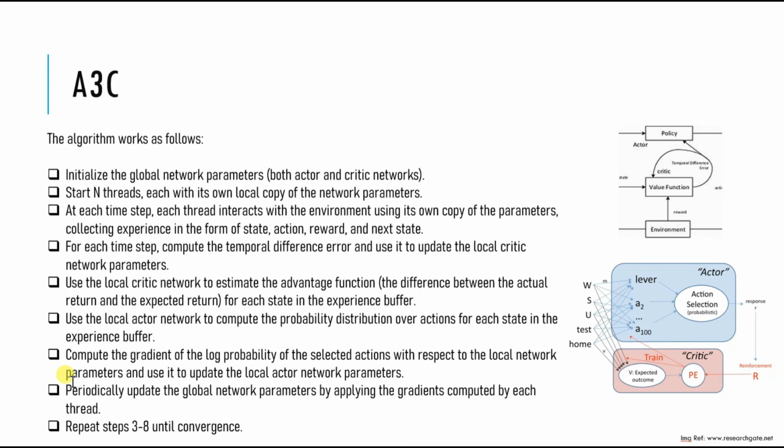Because there are multiple agents simultaneously playing in different threads, this is the advantage of A3C learning. But obviously it uses a lot of computational resources; the training time is less, but the consumption of power is very high.